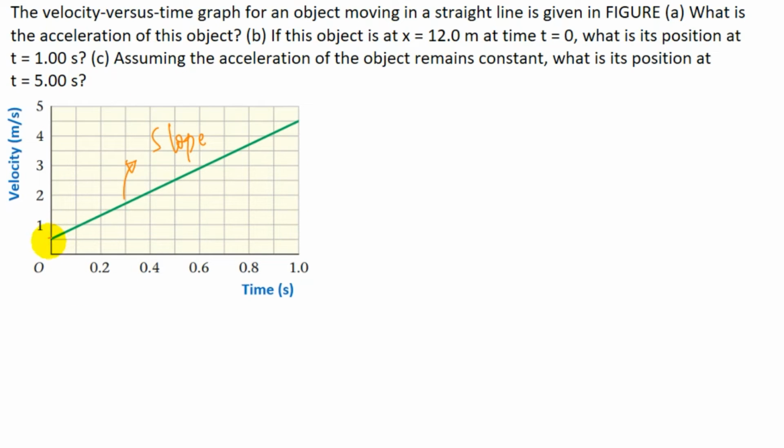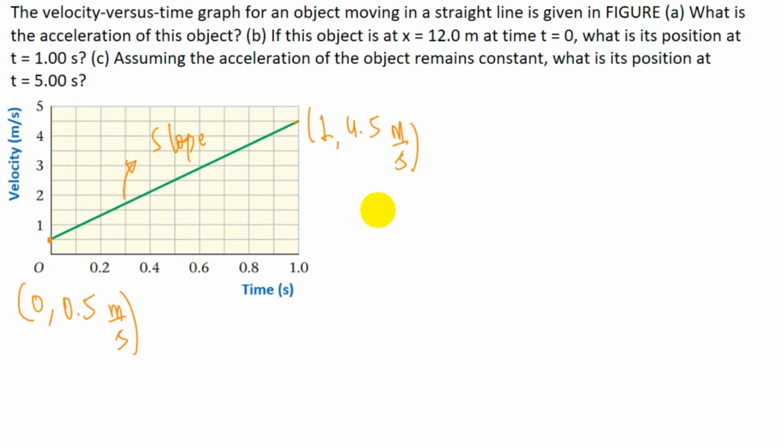So if we find the coordinates here, at time 0 the velocity is 0.5 meter per second. Now the next coordinate is time 1 second, and the velocity is 4.5 meter per second.